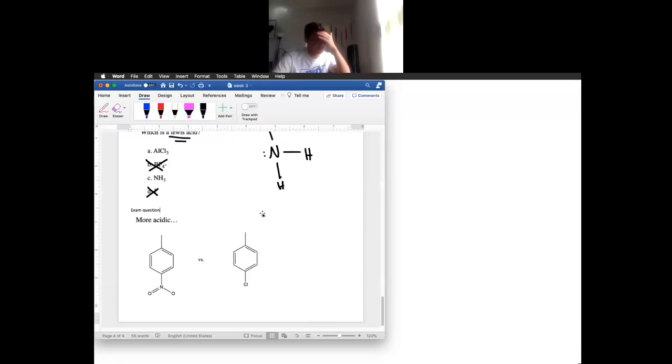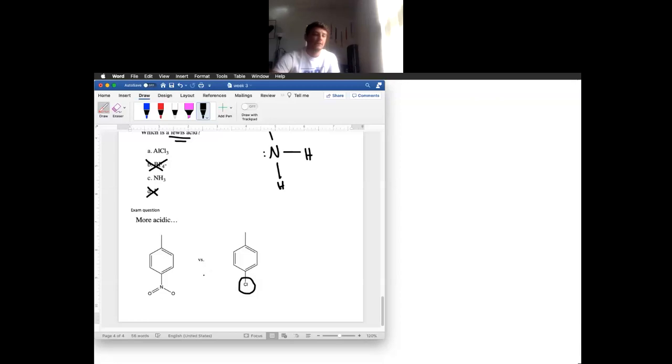But it comes down to electron withdrawal. Right. So your electronegative atom, this is very electronegative, but in comparison to the nitro group, it's not going to be as electron withdrawing, because it comes down to a collaborative effort.